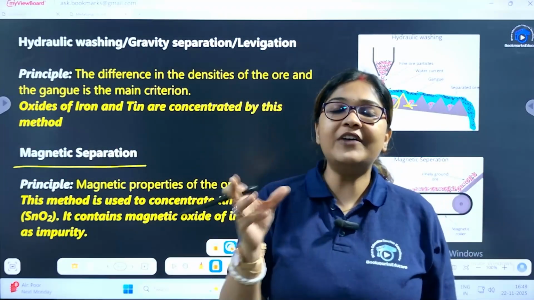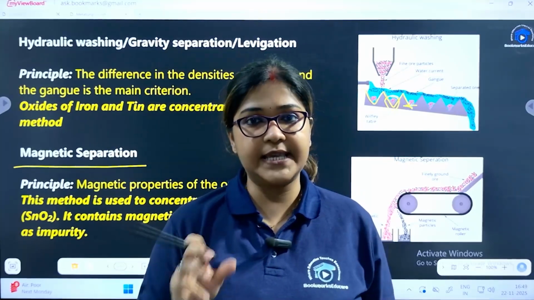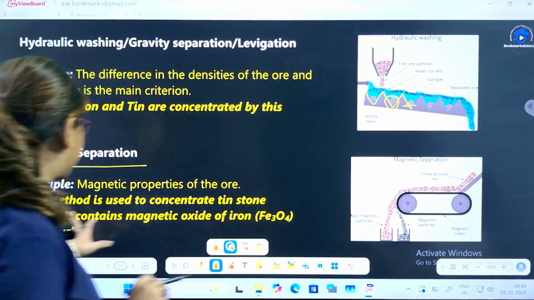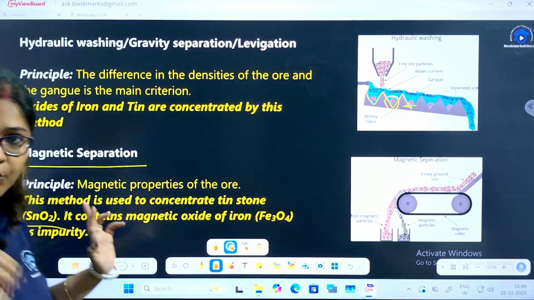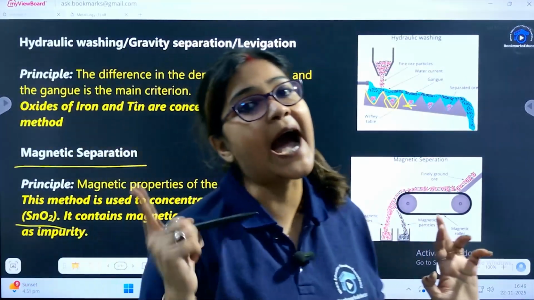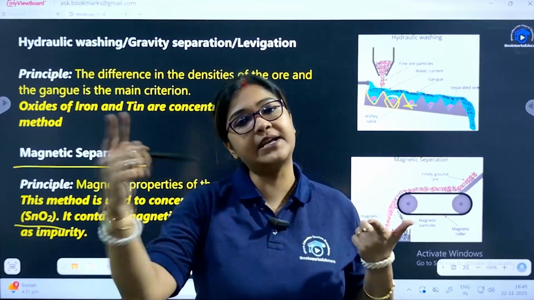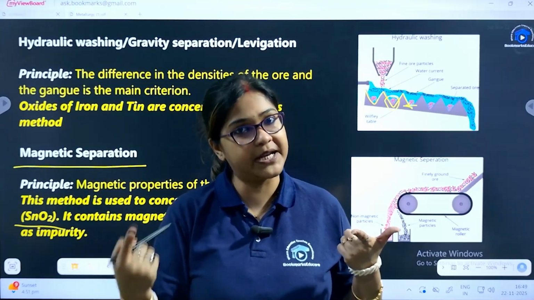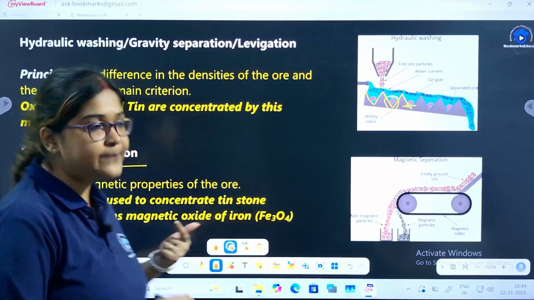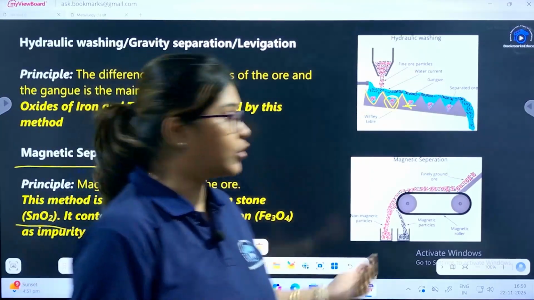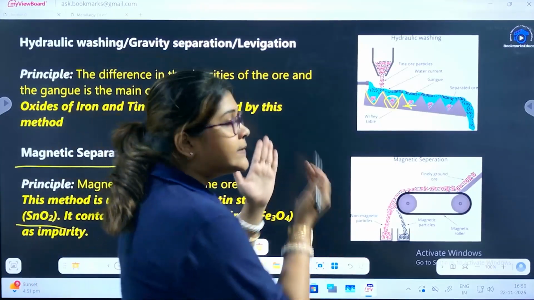Okay? So suppose I have a magnetic impurity, for example in tin stone, which is an ore of tin, SnO2, it has magnetic iron oxide as impurity. So you have to separate iron oxide from SnO2 in order to generate the ore that is free from the impurity. So if you pass tin stone and the impurity through this conveyor belt, what will happen?